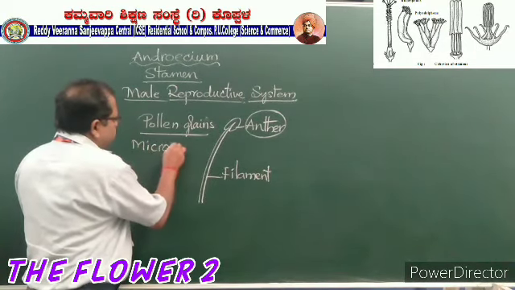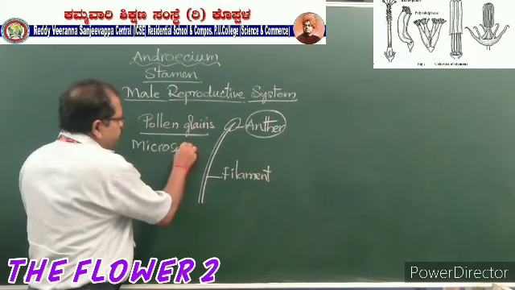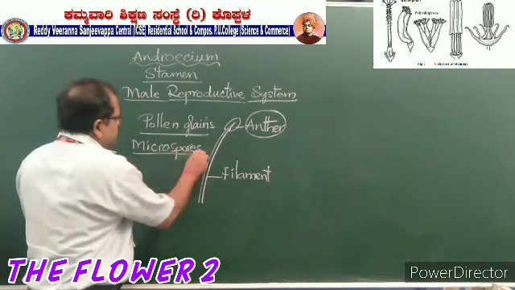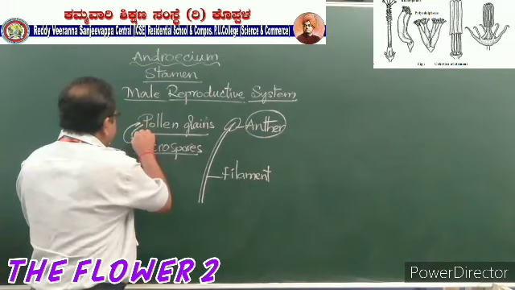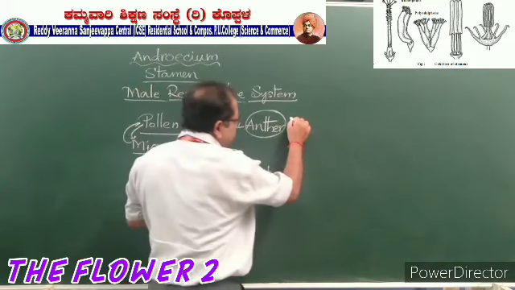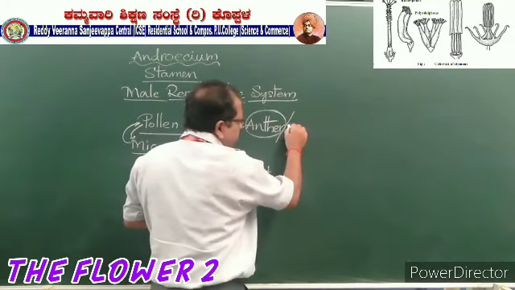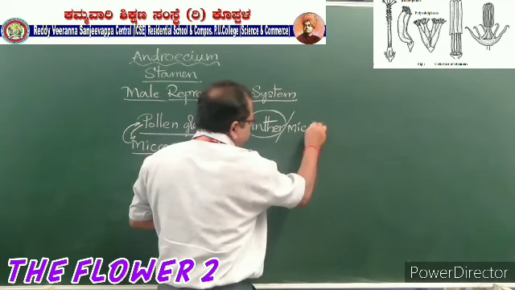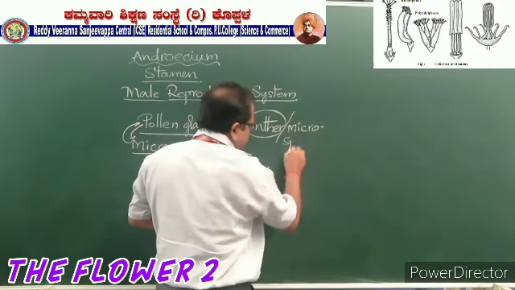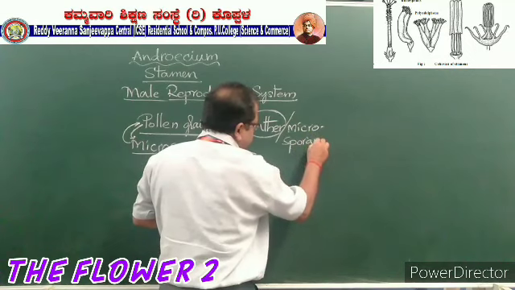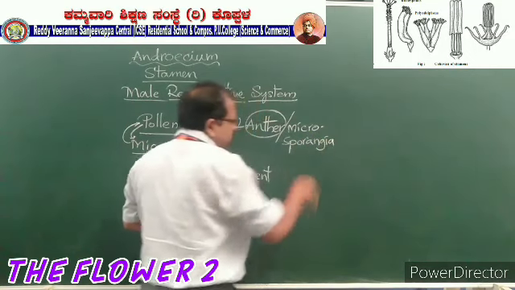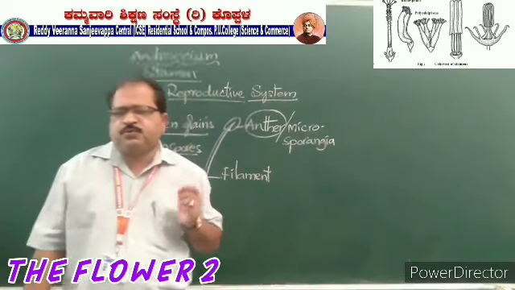These pollen grains are also called microspores. And this anther is also said to be microsporangia because it produces the microspores.